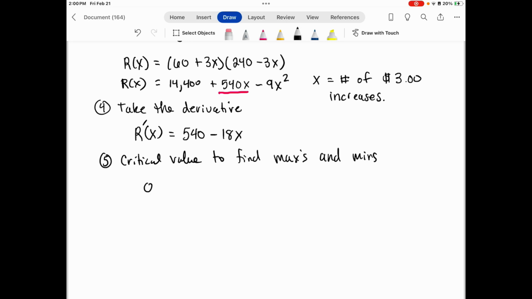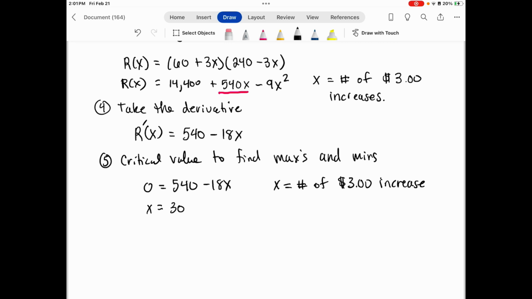All right, so we have 0 is equal to 540 minus 18x, and we need to solve that for x, which will give us the number of $3 increases that maximize this revenue equation. Okay, so when I solve this for x, I'm going to add 18x to both sides and then divide both sides by 18, and I'm going to get that x is 30. So that means when we have a maximum revenue, we have 30 $3 increases.